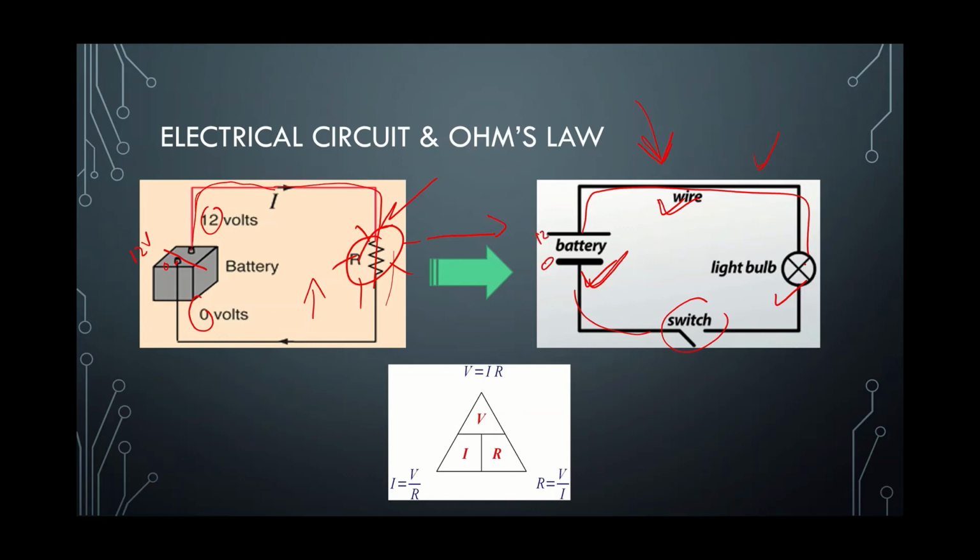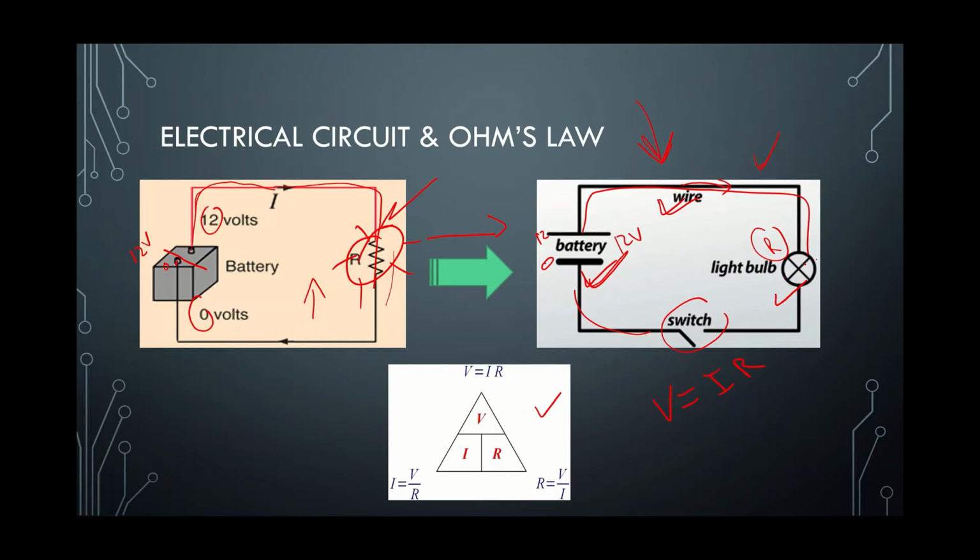The battery is 12 volt. The lamp, for example, has a resistance. We can calculate the amount of current by using Ohm's law. Ohm's law states that the voltage is equal to the current multiplied by the resistance.